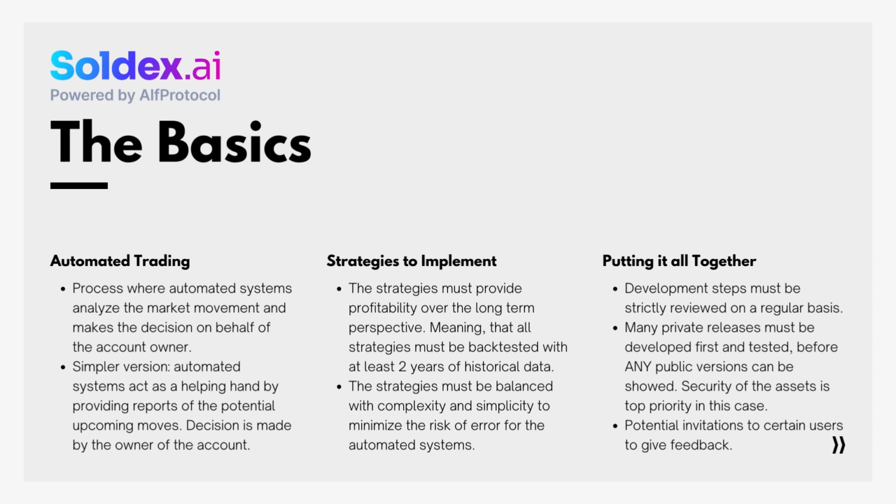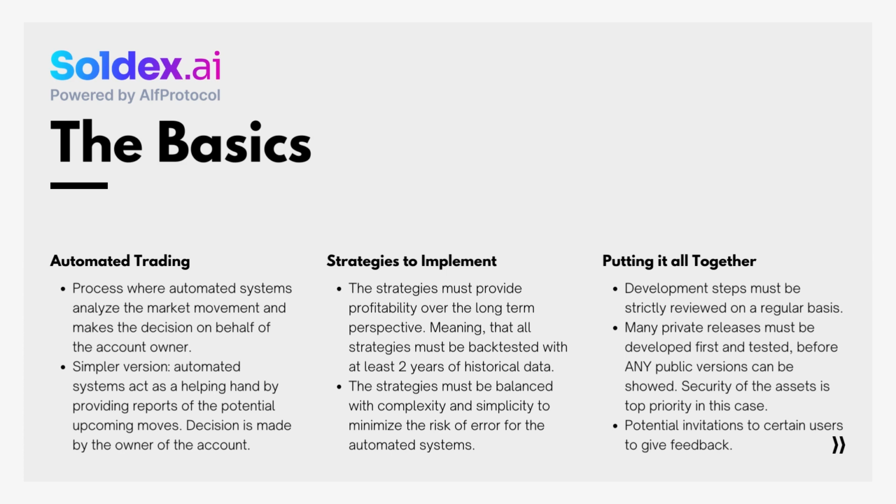And then based off the automated system analysis, which will also briefly explain why the AI thinks that the market might move in one direction or another, the decision will be made by you. So the automated system will act as a helping hand.